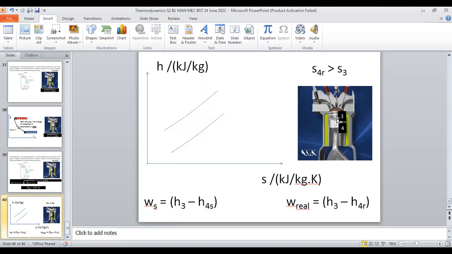Your P1 and P2. P here is P3 and P4. The constant pressure lines. P3.